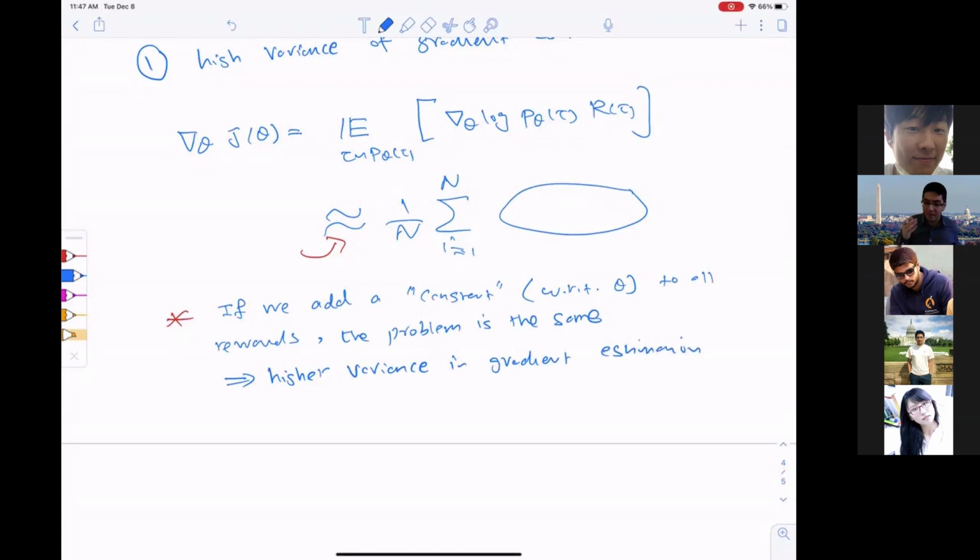Okay, so that's a practical issue that we face in the policy gradient method.